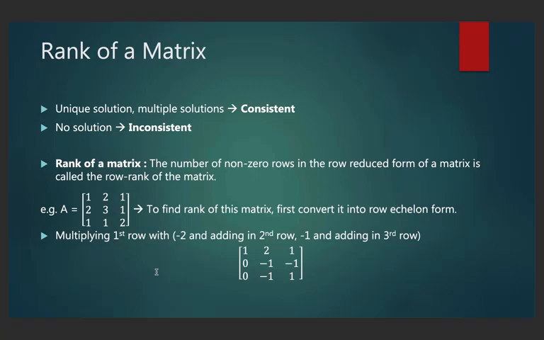So how to find the rank of a matrix? We first convert the matrix into its row echelon form, then determine the rank by the number of non-zero rows. So first you find the rank of this matrix by converting it to the row echelon form. You multiply the first row by minus 2 and add to the second row, minus 1 and add to the third row.